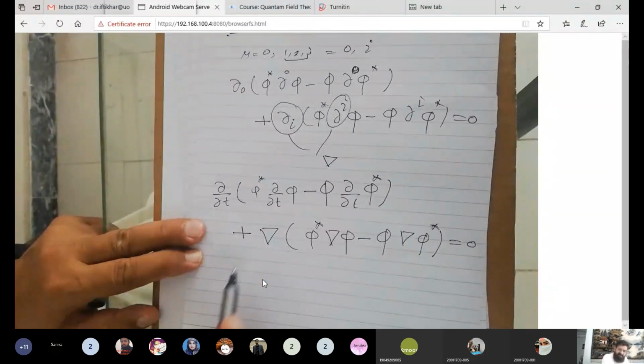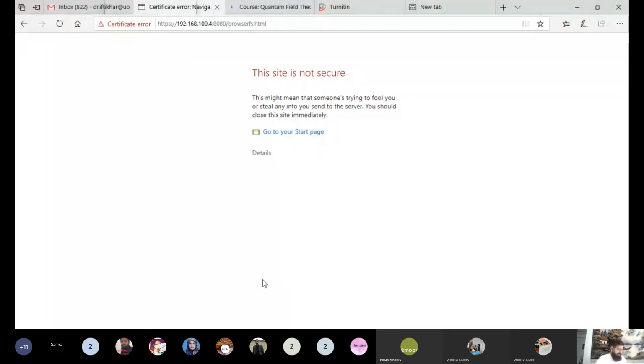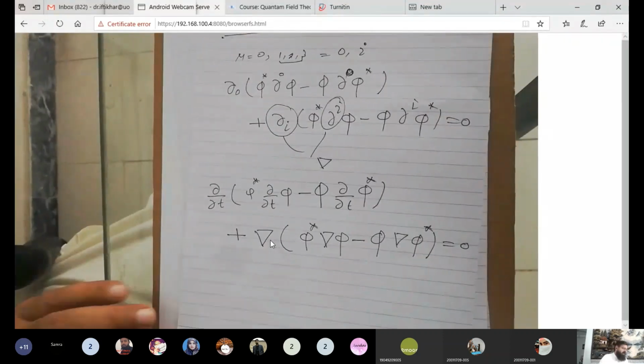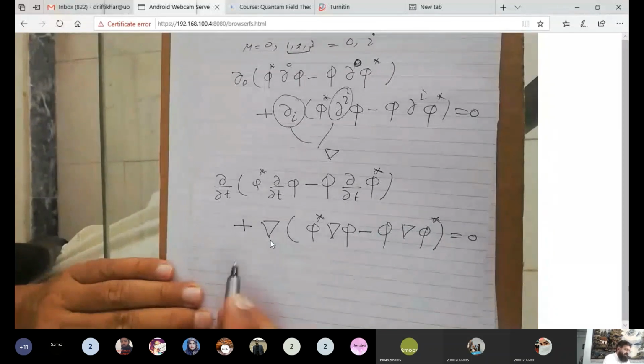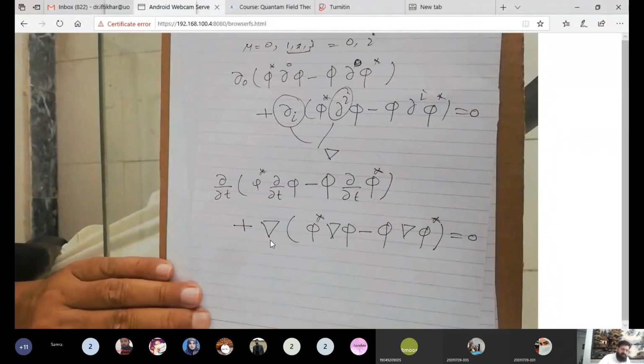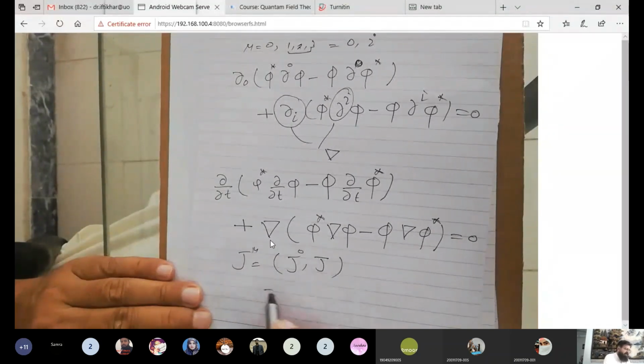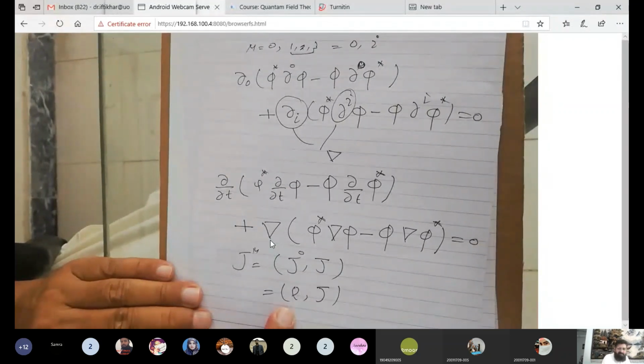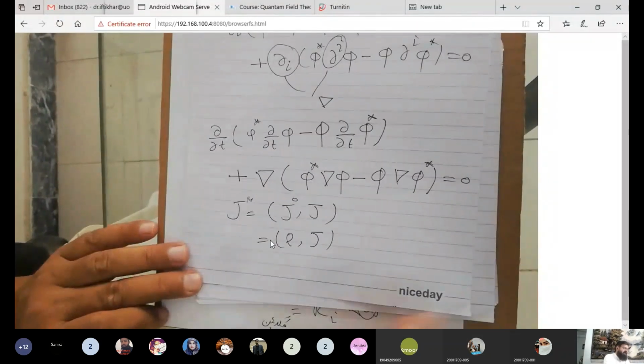Next you can write this in the form of a density function. Here you can put J^μ equal to (J⁰, J). So J⁰ is equal to ρ, this is the density, and J is the spatial part of the current density function.